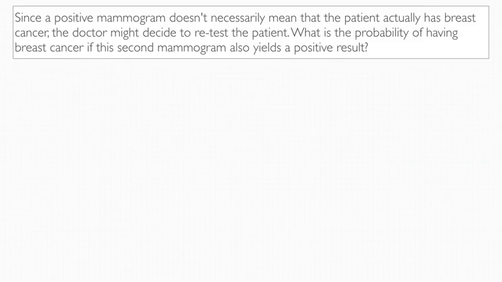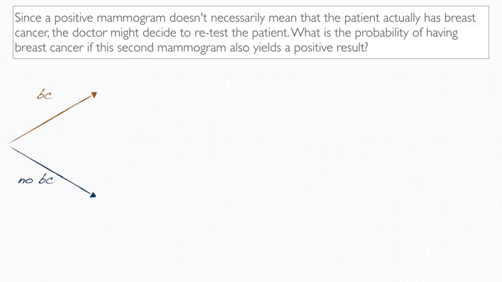What is the probability of having breast cancer if the second mammogram also yields a positive result? Once again, we run through our probability tree. Two competing claims, breast cancer and no breast cancer. However, what has changed now is that this patient is no longer a nobody from the population. We've tested them once and they tested positive.